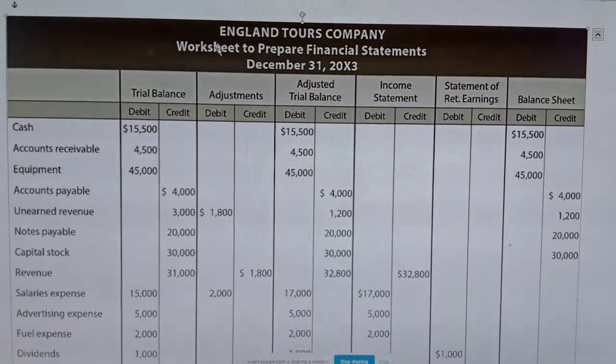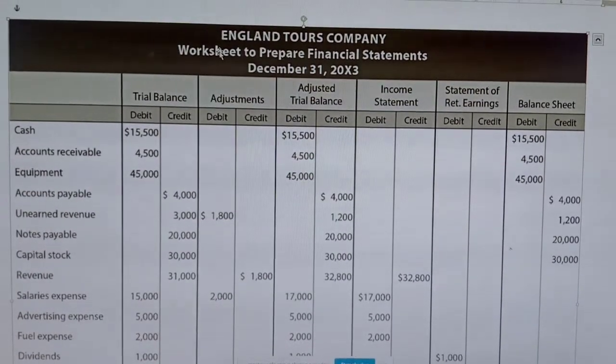So, ito po yun. Ang unang step natin is to prepare the header or the heading. At meron tayong tatlong bagay na dapat tandaan in preparing the heading. Una, name of the company or name of the owner, and then the term worksheet to prepare financial statement, and then the date, December 31, 2013.